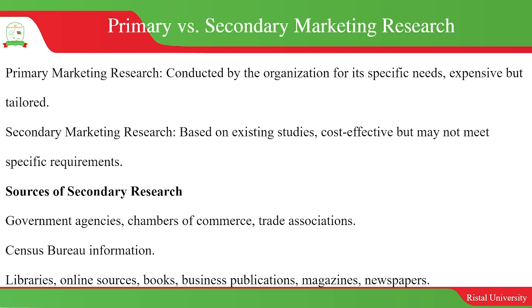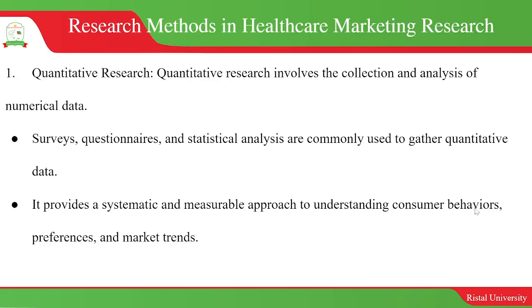Where do you get this information from? If you're going to use secondary data research, then you can use government agencies, you can go to the Chamber of Commerce, trade associations, the census can give you data, the Bureau of Statistics can give you data. Of course, you can use textbooks, online libraries, business publications, magazines, and newspapers. That's where you can get that information.